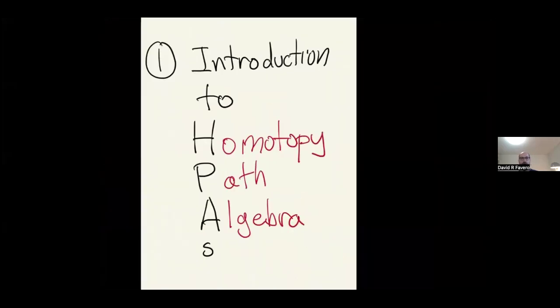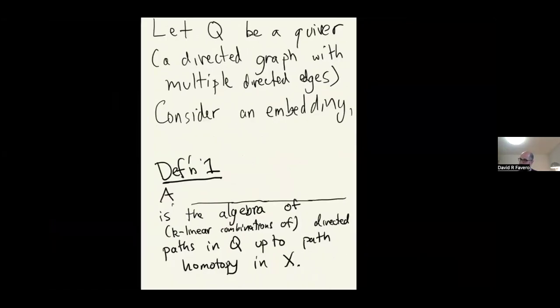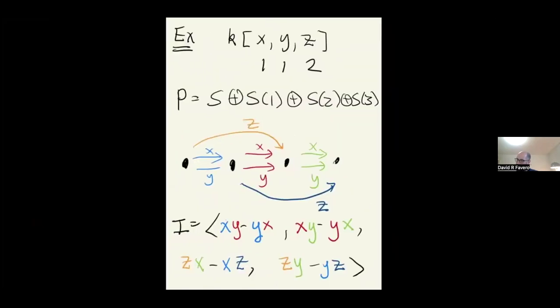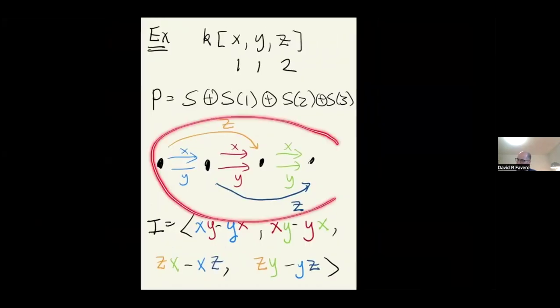So now I'm ready to begin with what's a homotopy path algebra. I have 3 different definitions of this thing that I'm going to give you. So I'm going to let Q, this kind of thing I want to call a quiver, just be some kind of directed graph.